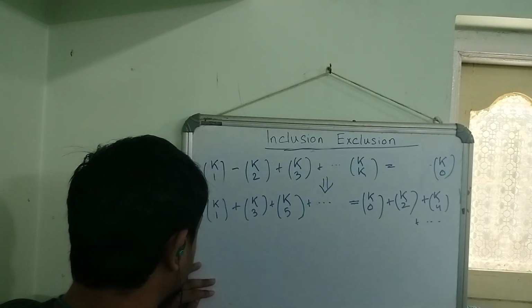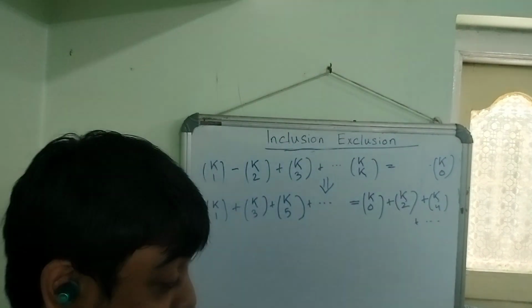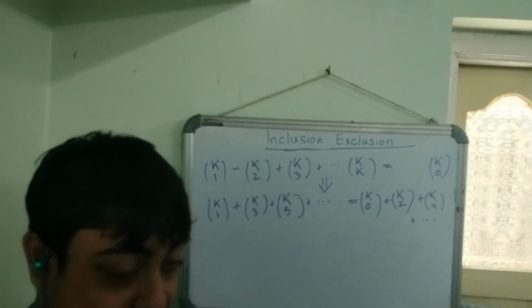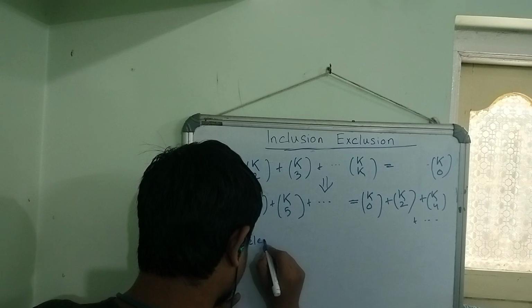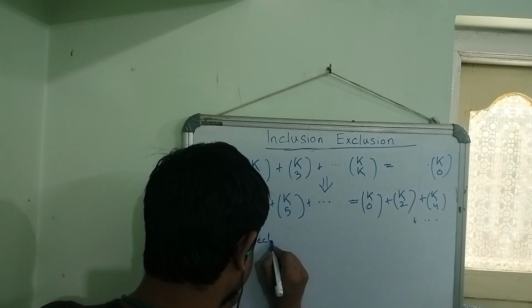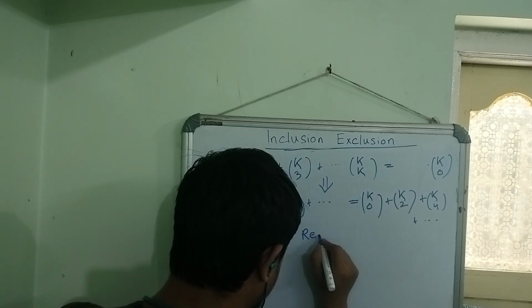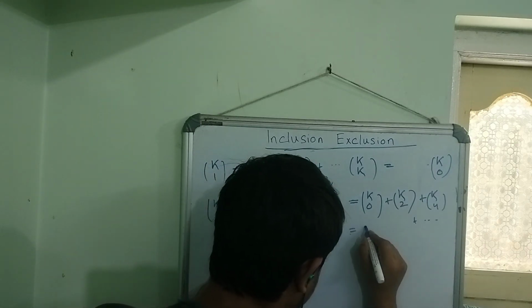First, I want to form a subset. If you want to form a subset, I have to select something, right? If I select something out of those k elements, then I must also reject the rest. So select plus reject is equal to k.